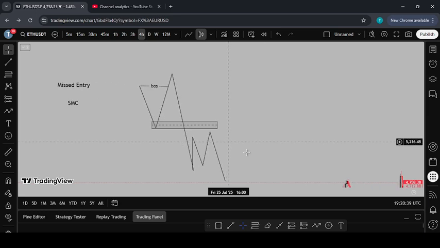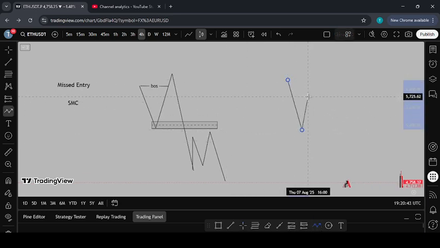Now for the mitigation block, just a quick example. There is a block here. The market came to this particular resistance and started pushing up, but could not violate this previous high. It just makes a move like this, then breaks to the downside.